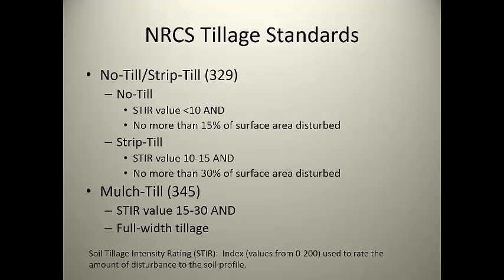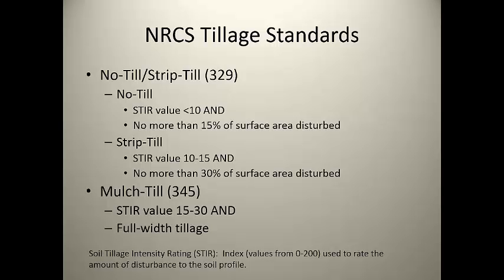Now, RUSLE2 will also tell you if your stir value is over 10 or below 10, and the other criteria would be no more than 15% of the surface area disturbed, okay? Now, in terms of strip-till, a stir greater than 10 or between 10 and 15, and no more than 30% of the surface area can be disturbed.